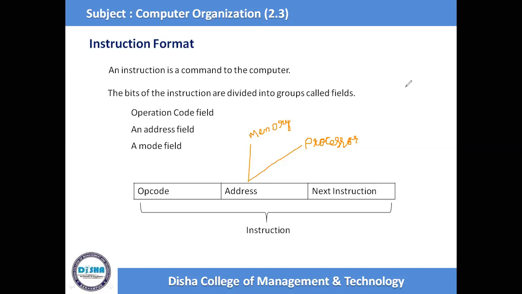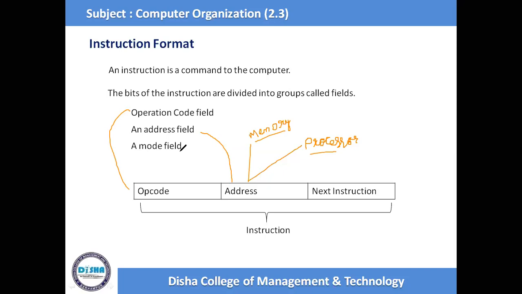So this is the small structure of an instruction. This is the opcode, which is related to the operation code field. Then the address is related to the address field, so basically it's to memory and processor. The mode defines which addressing mode is going to be used, whether it is absolute, direct, or other addressing modes.